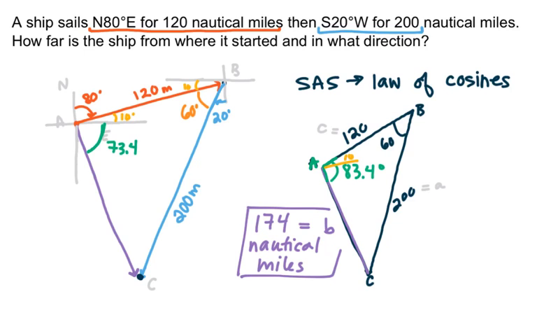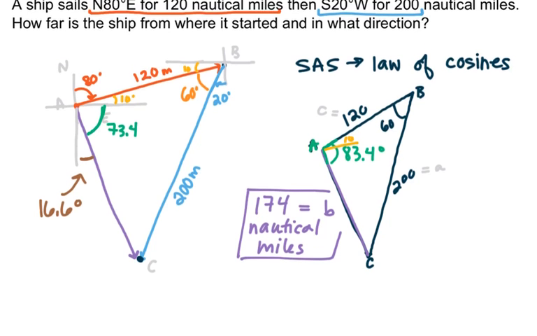And then if I need to determine what this angle measure is right here, well, we're inside this 90-degree angle. So if this is 73.4, then 90 take away 73.4 gives me that this angle is 16.6 degrees.